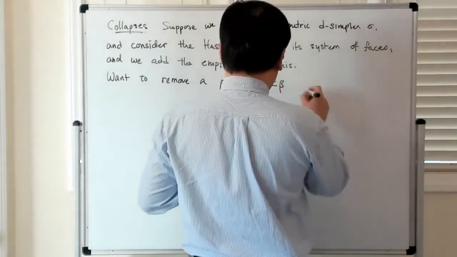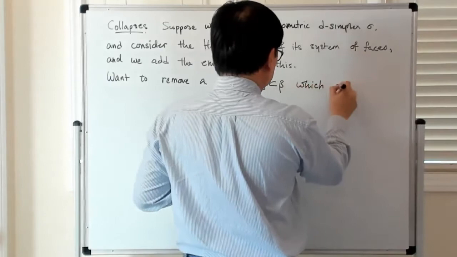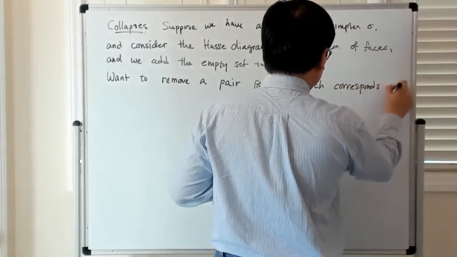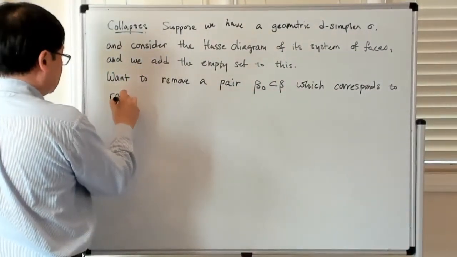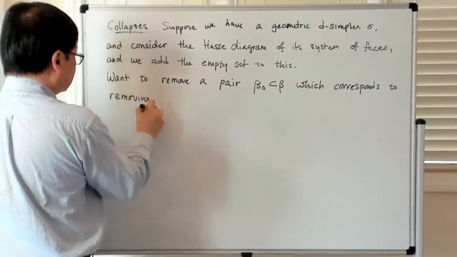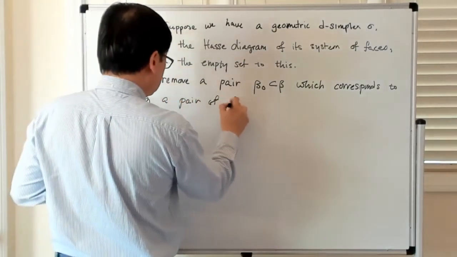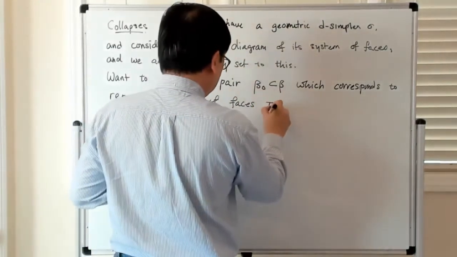Okay, and so you have to remove a pair, which corresponds to removing a pair of faces. So I'm going to denote the faces corresponding to beta by taus.